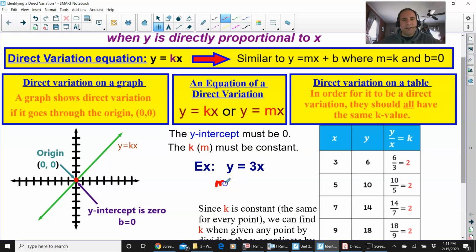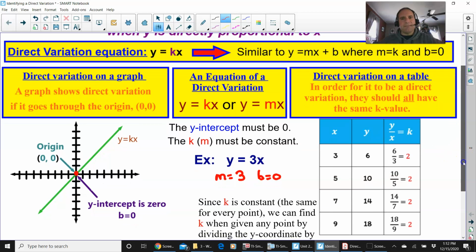So the slope here is 3 and the y-intercept is 0. As long as the y-intercept is 0, that means you have a direct variation. Because that y-intercept is 0, the constant is 3, that's it, direct variation.